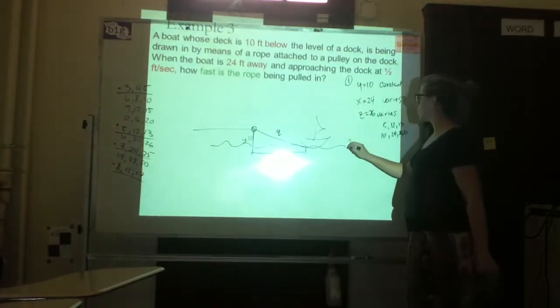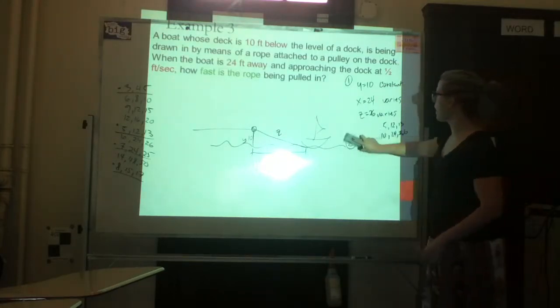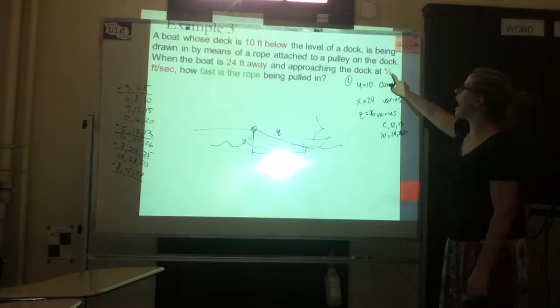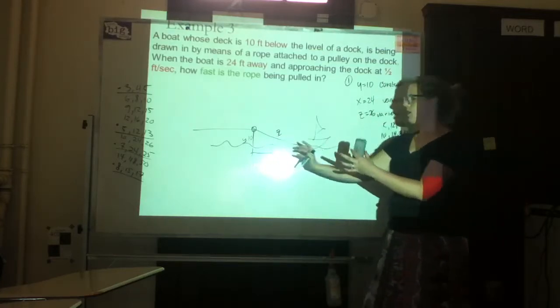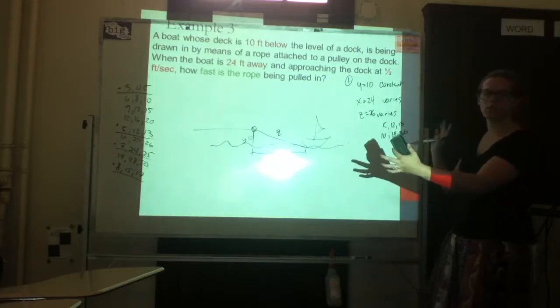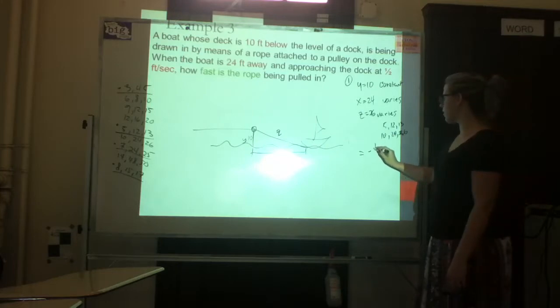All right, now for step number 2, what am I? Oh, I still have one more given though. I have a half, and that half is approaching, so the distance between the boat and the dock is decreasing. So I'm going to label that negative a half.